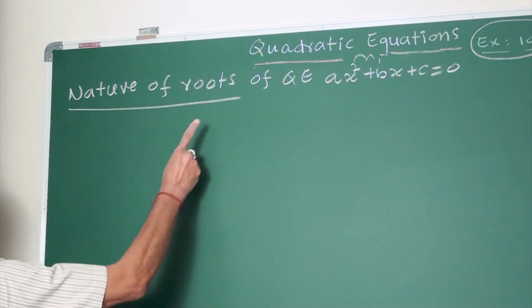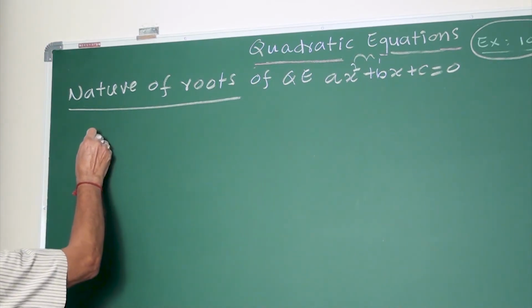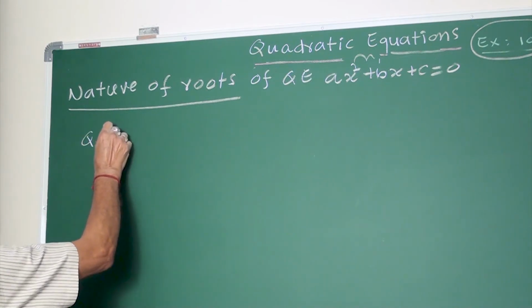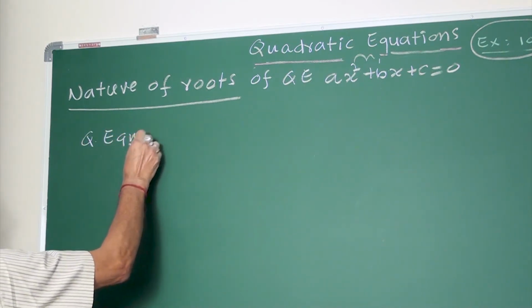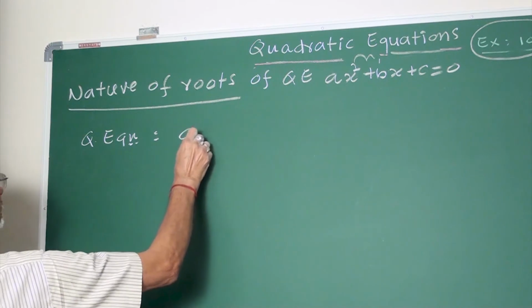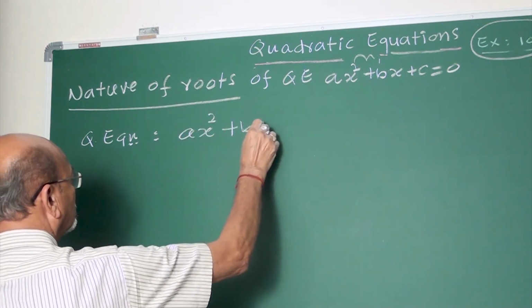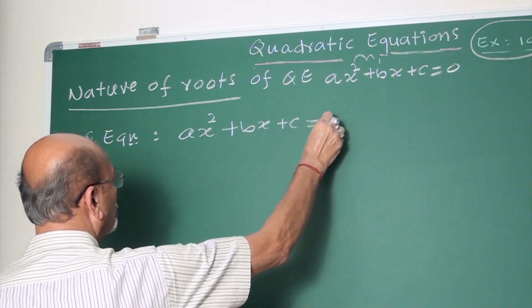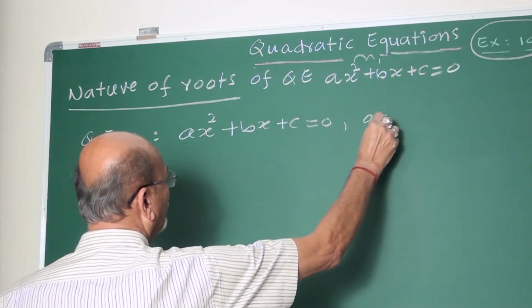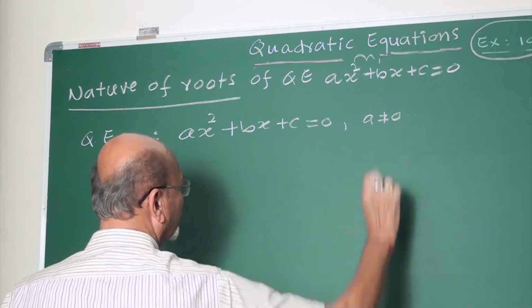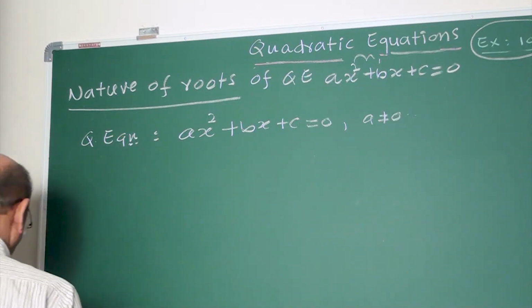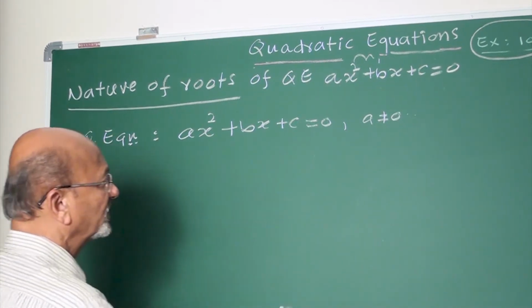Here, the quadratic equation in standard form is ax square plus bx plus c equal to 0, where a is not equal to 0 and a, b, c are real numbers. You name this as equation 1.